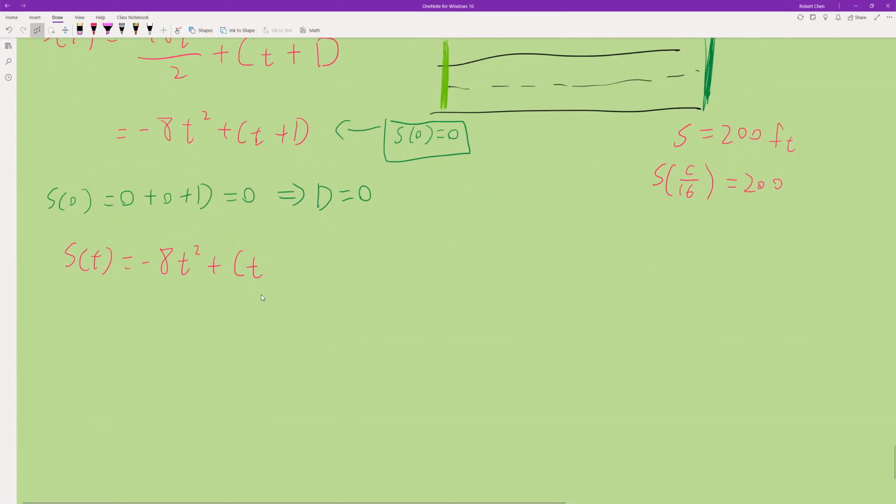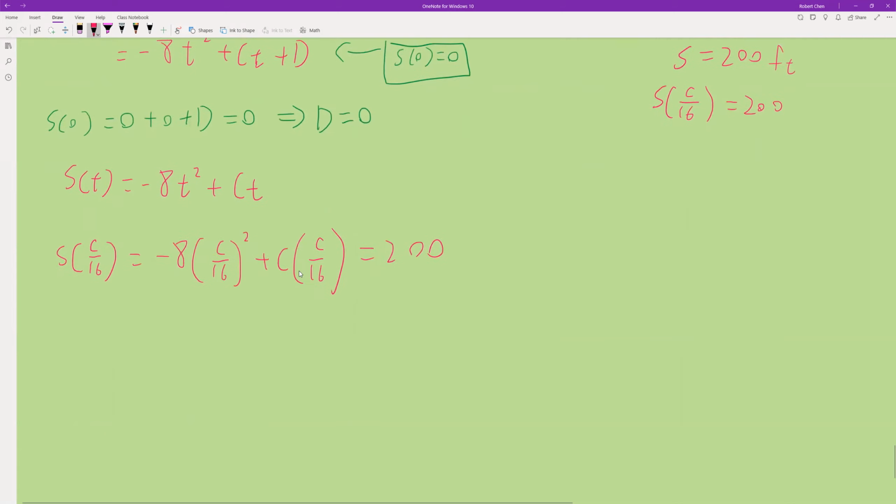So we have s of c over 16, which is equal to negative 8 times c over 16 quantity squared plus c times c over 16, and that should be equal to 200. And let's go ahead and solve this part right here.